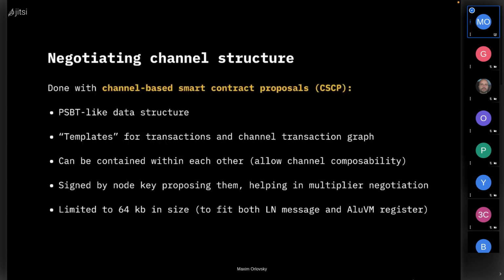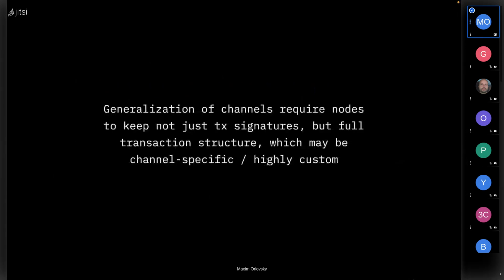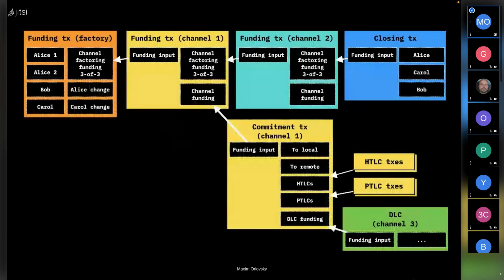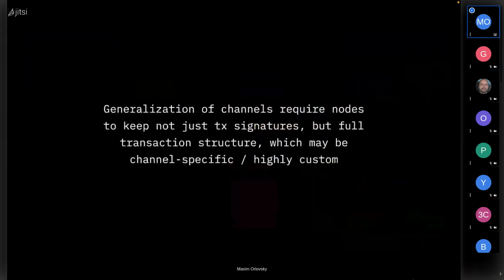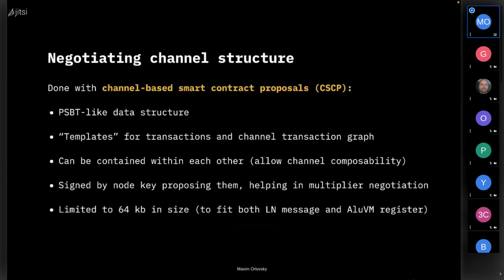We propose a thing that we call channel-based smart contract proposals, which is actually a way to structure information about this complex transaction graph into a single piece of data. It's a kind of PSBT-like data structure. PSBTs are partially signed Bitcoin transactions used for on-chain transactions in the hardware wallet world.